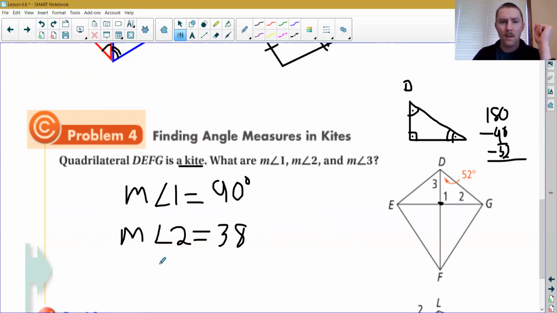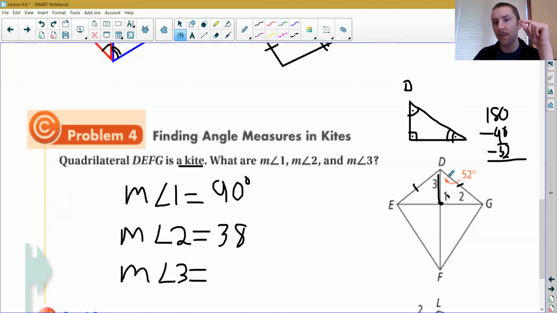Now the measure of angle 3. Angle 3 is in the other triangle, the one that's congruent to the one I was just dealing with, because we know this side is the same as this side, this is a 90-degree angle, and they share this side. So they're congruent triangles.